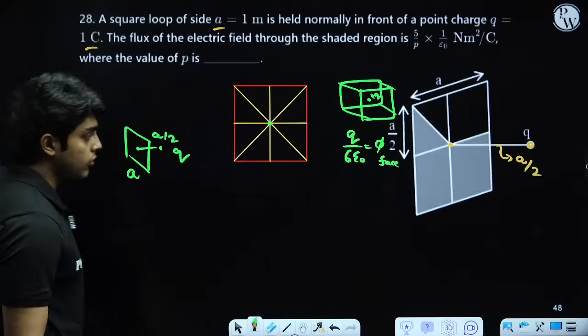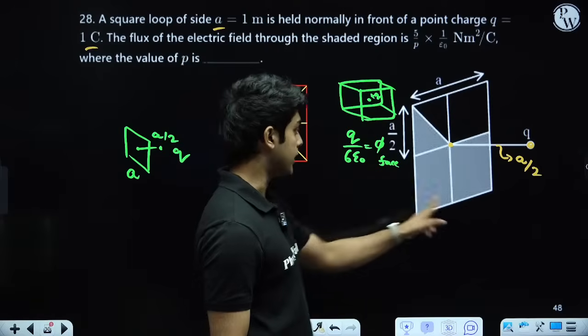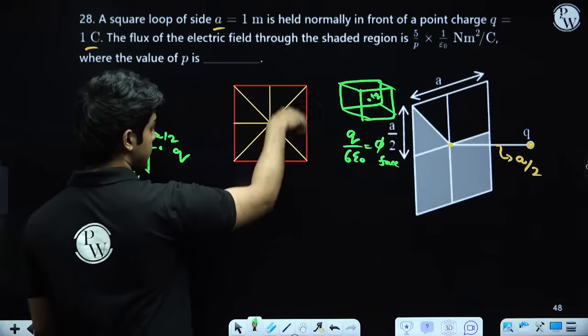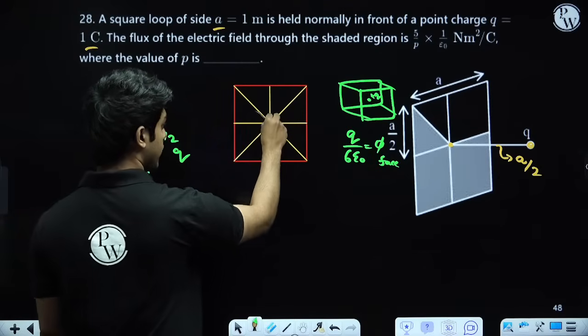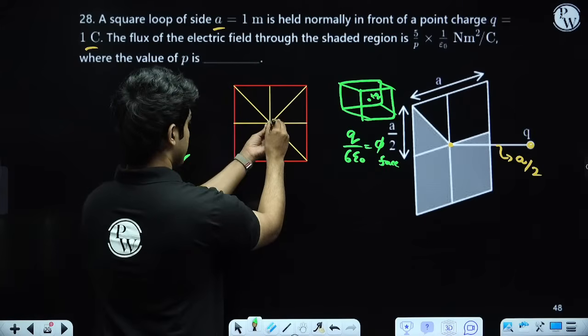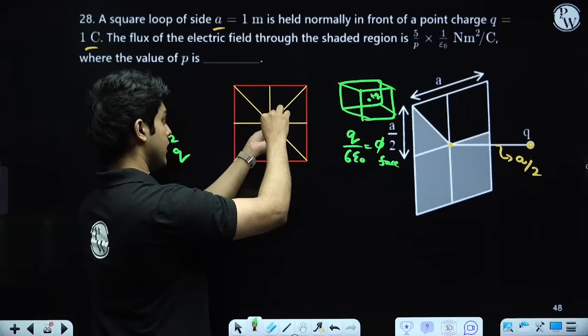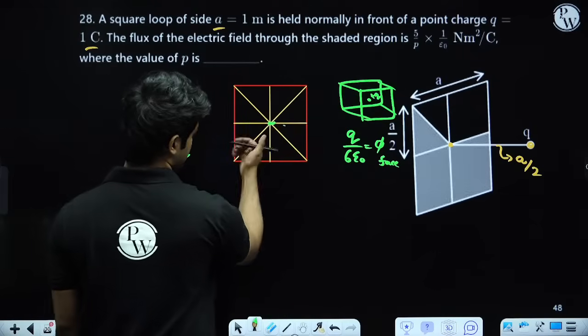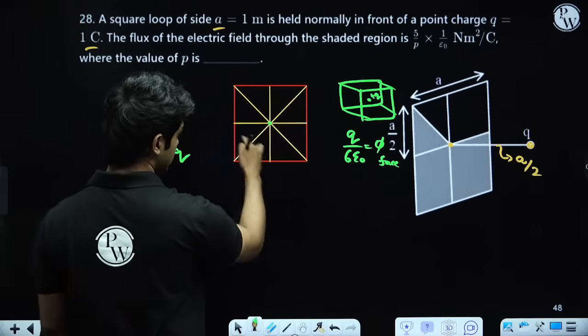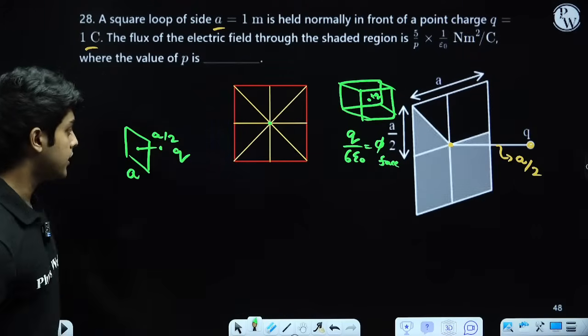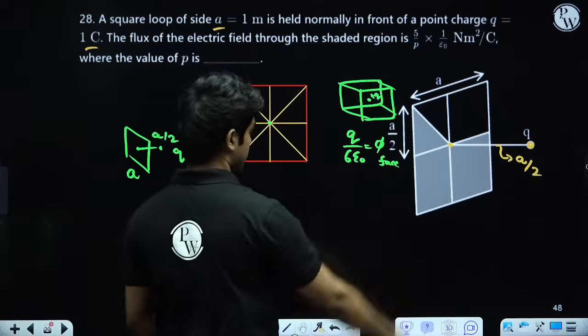So first of all, if I want the flux through the whole square, all of these parts are symmetric, right? The point charge plus q is somewhere over here, along this pen's axis. So all the 8 parts that you're seeing are symmetrically placed with respect to the point charge q.